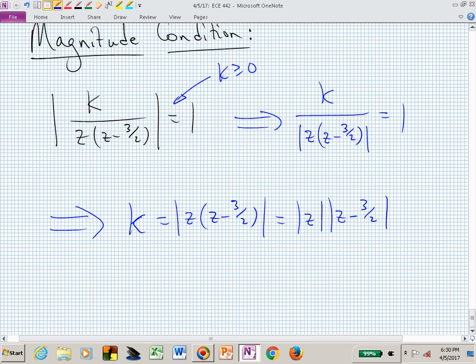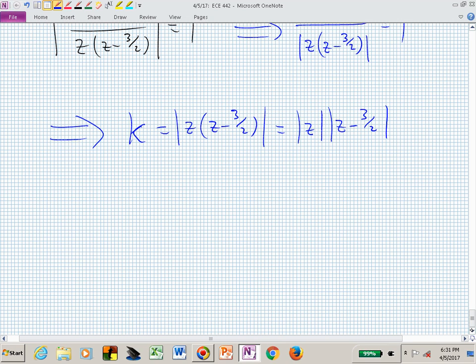And what z are we interested in for starters? One value of z, z equal to 1. z equal to 1 is what we're interested in, because that's going to be our lower limit for K. So this is our formula for K, and it came from the magnitude condition. We now want to say, what's K when z is equal to 1?